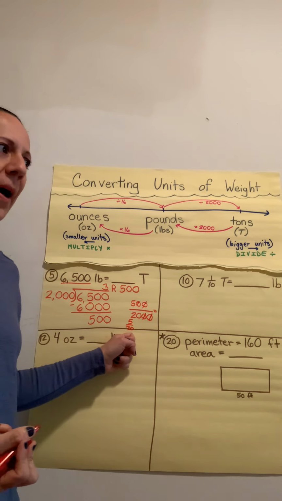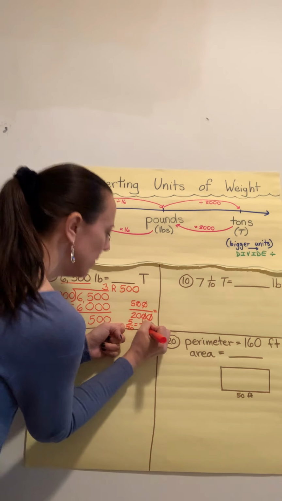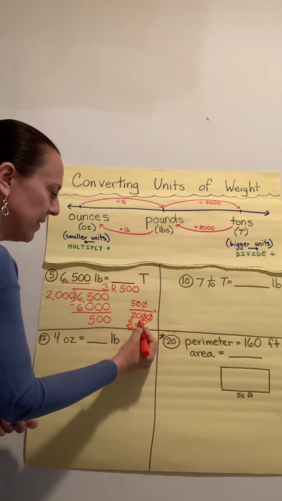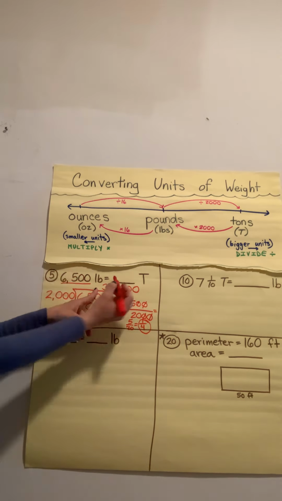I could divide that by 5 over 5, and that's going to come out to 1/4. So that looks like its simplest form. That means out of 6,500 pounds, I can make 3 whole tons, and then 500 pounds in the next ton is 1/4 of the next ton. So 6,500 pounds is equivalent to 3 1/4 tons.